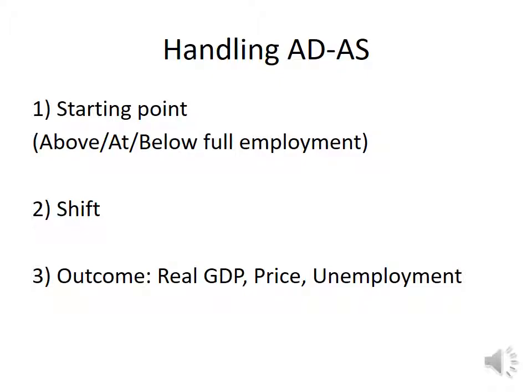Now, when you handle ADAS, the diagram, please remember these three steps. First, you have to choose the starting point. This is usually given by the question. There are 3 points to choose from: either above, at, or below full employment. Just these three.